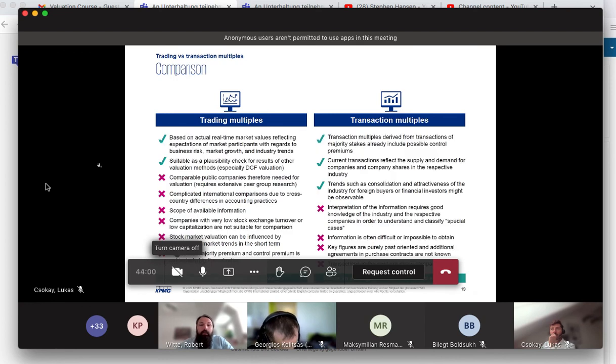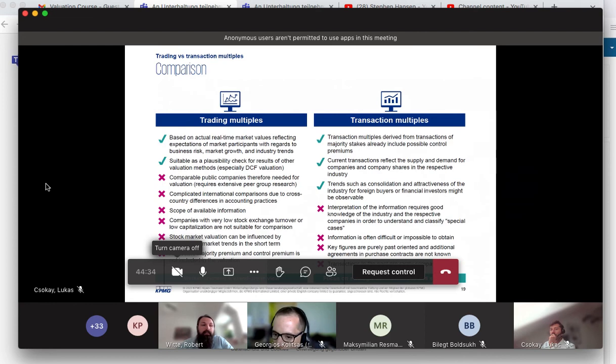And then, of course, on the positive side, with transaction multiples, you can look at public companies and private companies, because sometimes data providers such as Mergermarket or Capital IQ will have information on multiples for private companies as well, right? However, you have to be aware of the date of the transaction, because you can find a couple of transactions for very comparable companies, right?